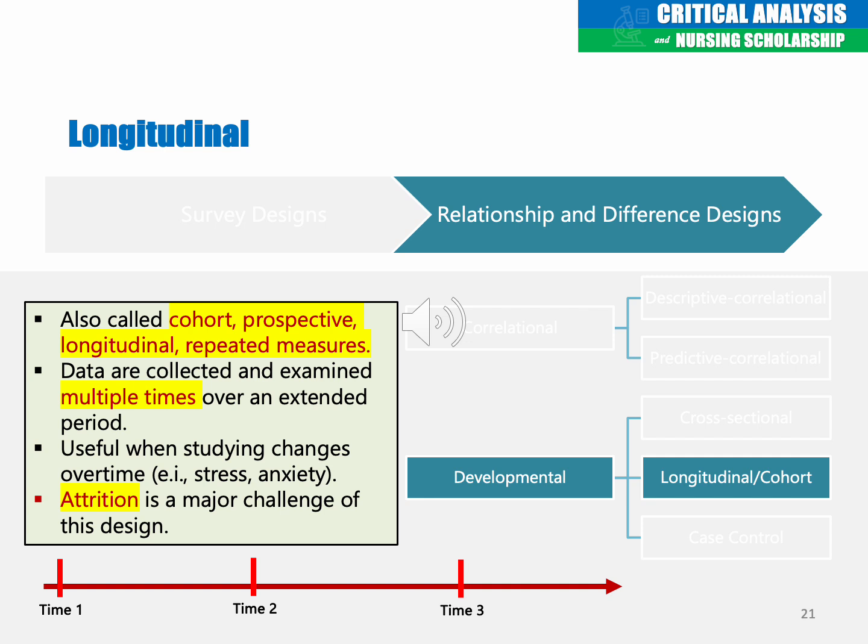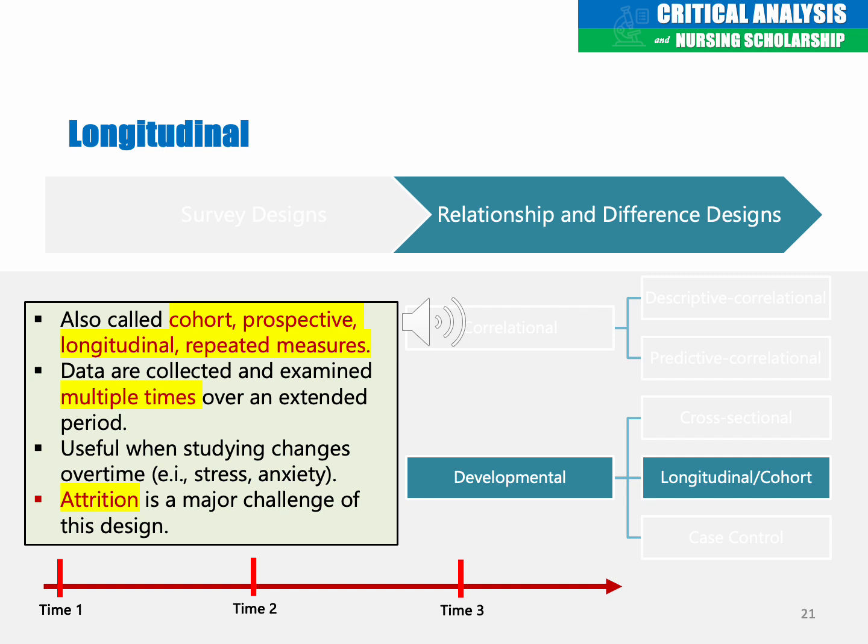Another example of developmental research design is called longitudinal research design. In some other books, we call it cohort research design, or it can also be called repeated measures or prospective research design. Longitudinal studies follow the same individuals or group over an extended period.